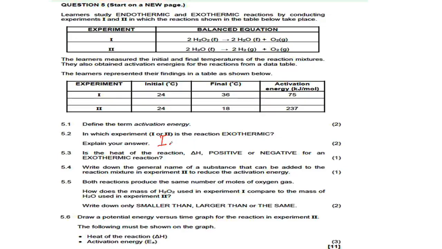Because we say it has what? Lower activation energy. Now, is the heat of the reaction delta H positive or negative for an exothermic reaction? It is definitely negative. We know that.